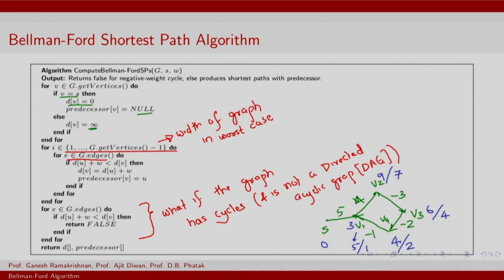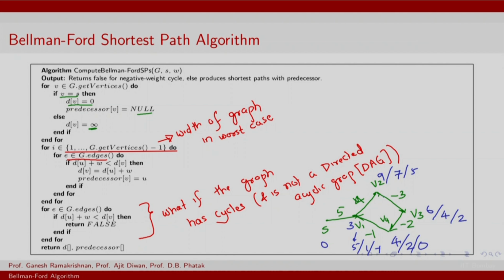You could do this again: 1 plus 4 is 5, 5 minus 3 is 2, 2 minus 2 is 0, 0 minus 1 is minus 1, and so on. So just by going around this loop you can get very negative weighted paths from S to all of these nodes.